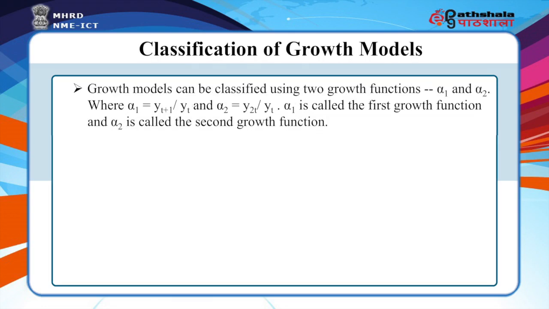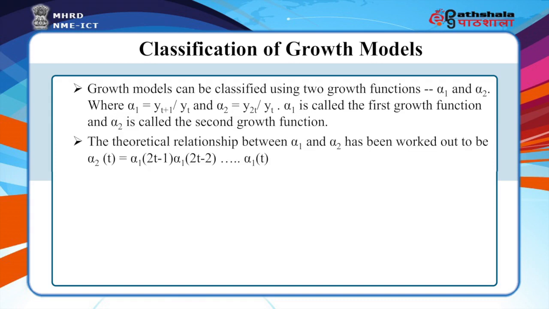Growth models can be classified using two growth functions, alpha 1 and alpha 2, where alpha 1 is equal to y(t+1)/y(t), and alpha 2 is equal to y(2t)/y(t). Alpha 1 is called the first growth function and alpha 2 is called the second growth function.